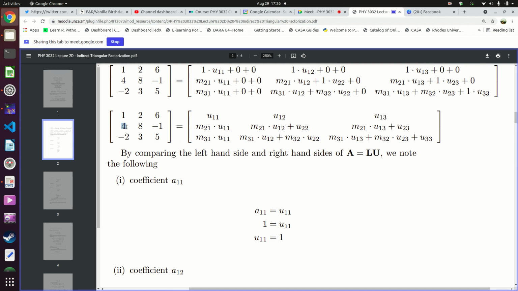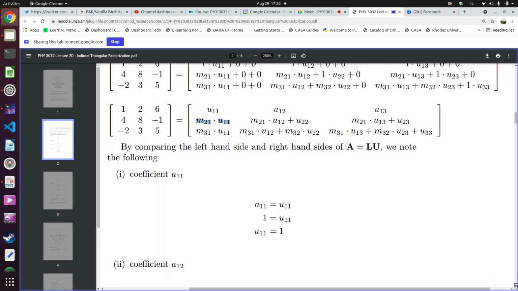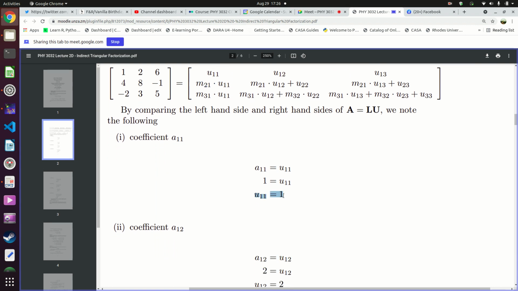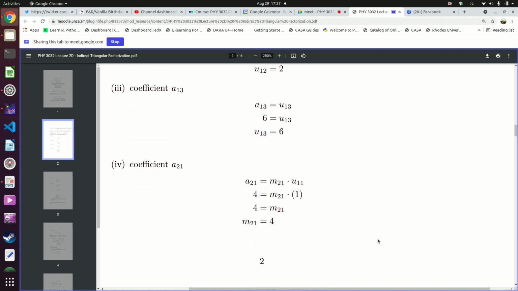Okay. Then the other bit will be this one, the 4. The 4 is going to be equal to M21 U11. So 4 is going to be equal to M21 multiplied by U11. We already have the value for U11. U11 is equal to 1. So when you do that, 4 is equal to M21 multiplied by 1.